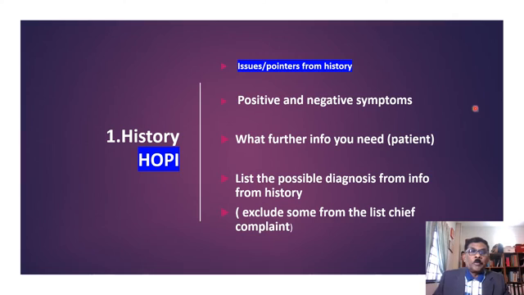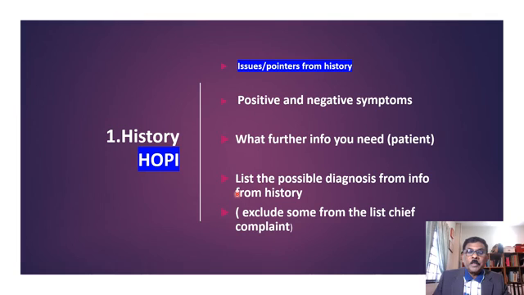Okay, from the history of present illness, you look for the issues, the pointers from the history. You list the positive and the relevant negative symptoms, and at the same time, you also make a list of what data you may want to know further from the patient.